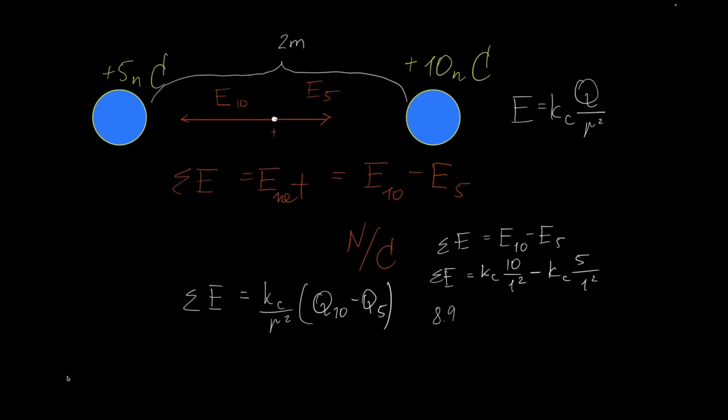Kc is 8.99 times 10 to the 9th, and both 10 and 5 are nanos, again for a reason. So 10 times 10 to the negative 9 takes care of that, over 1 squared, minus 8.99 times 10 to the 9th times 5 times 10 to the negative 9th, which again cancels, over 1.